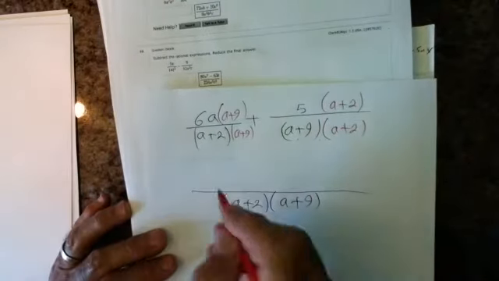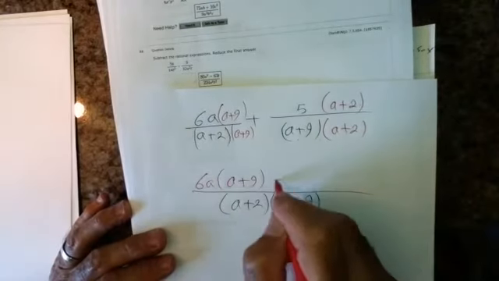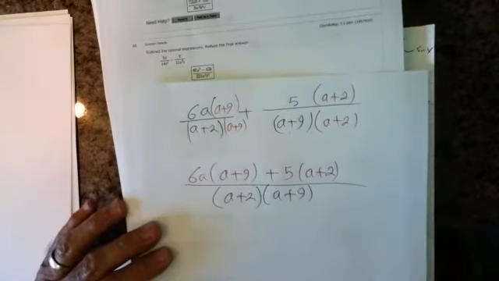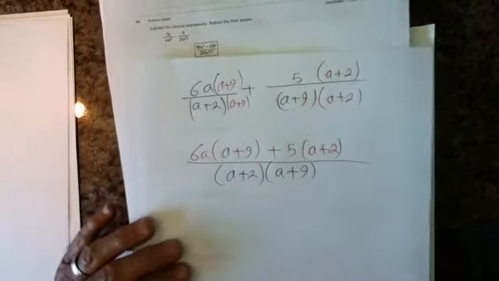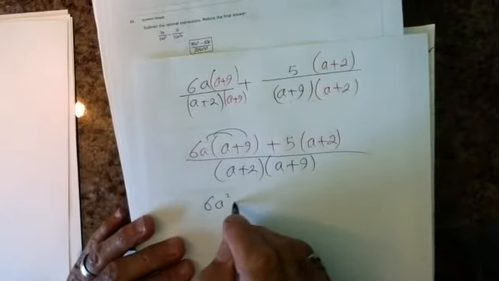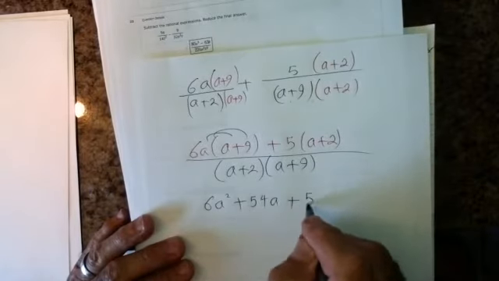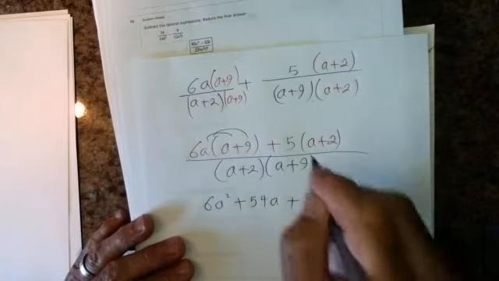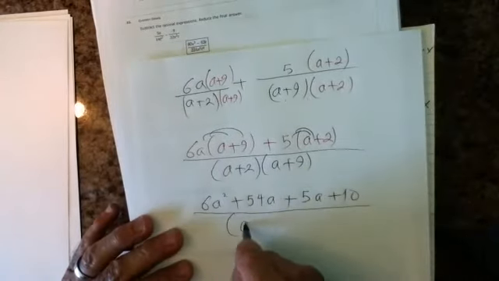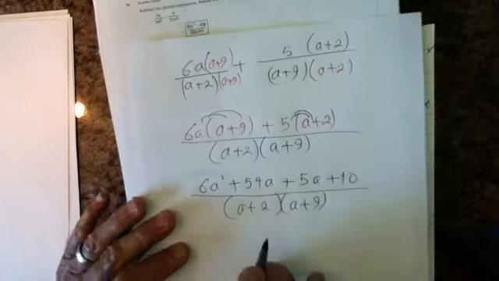So now what you have is 6A times A plus 9 plus 5 times A plus 2. And then you distribute: 6A2 plus 54A, 5A plus 10, over A plus 2 and A plus 9.